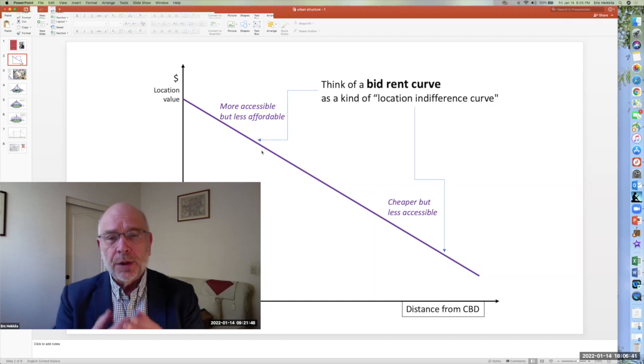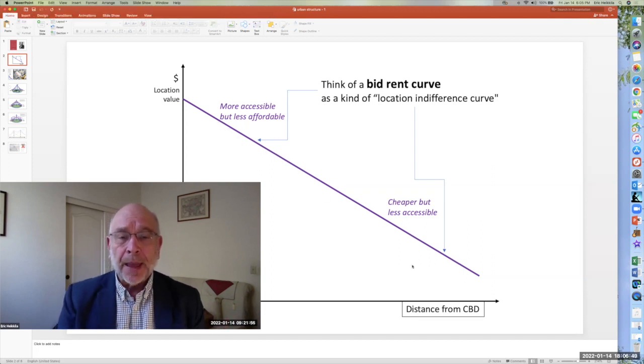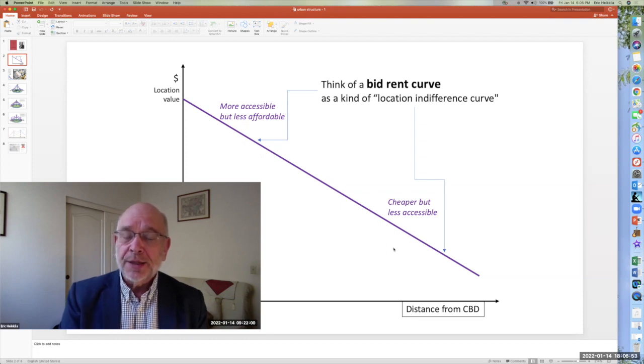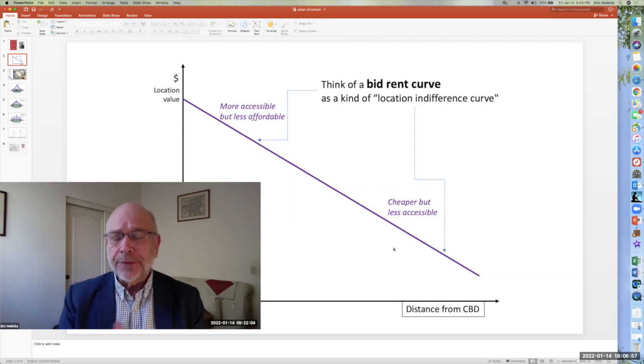And so, in a sense, we all line up along this indifference curve, this bid-rent curve. And that's where it actually shows that this simplifying assumption is powerful, that we don't need different people with different preferences in order to get this result. Now, this is a starting point.